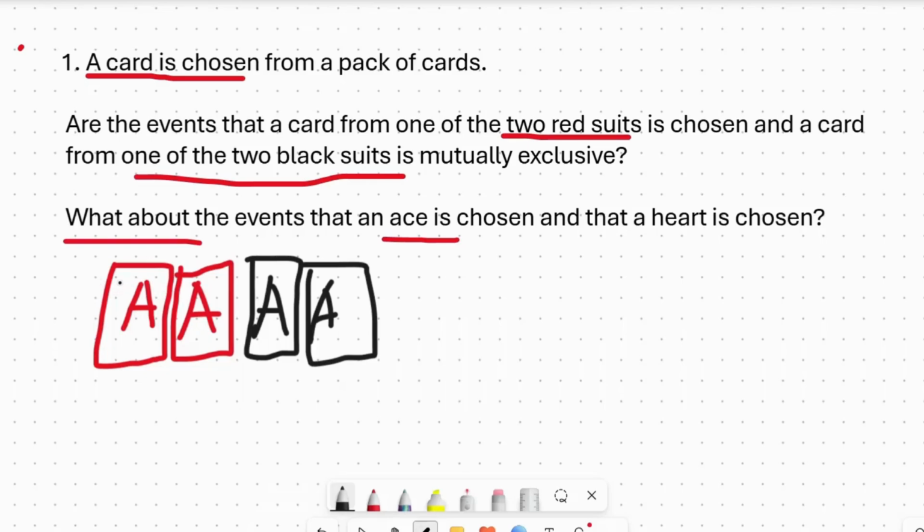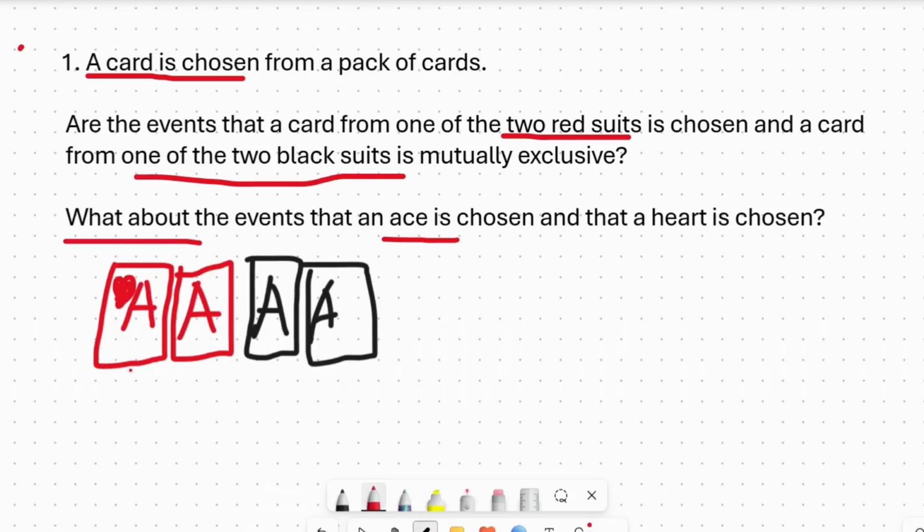So red have hearts, which we can write like this, heart. Our question says, what about the event that an ace is chosen and that a heart is chosen?